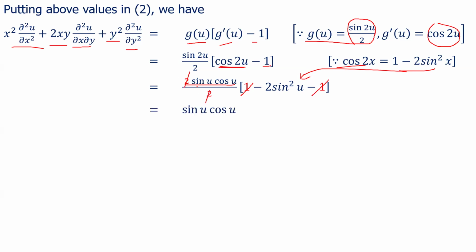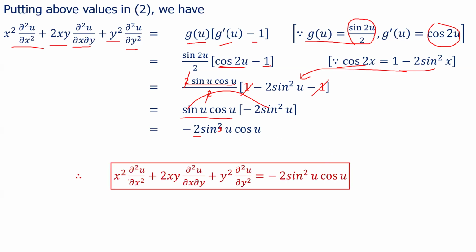So minus 2. Okay, we simplify this to sin u into cos u into minus 2 sin² u. If we open the bracket, this is minus 2, and sin u into sin² u is sin³ u, not square, it is cube, into cos u.